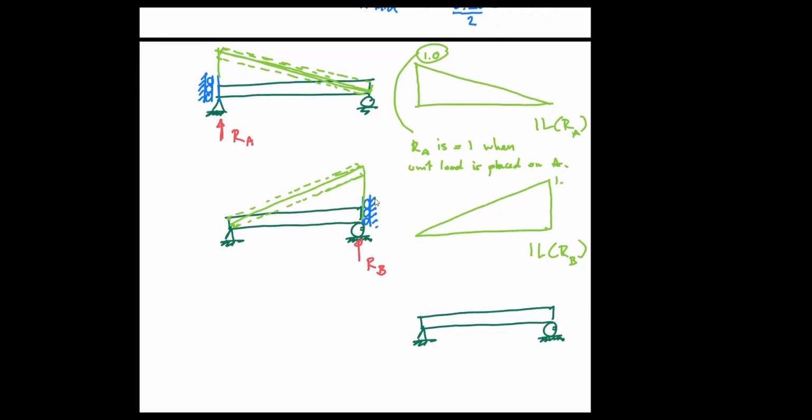So now I know that this is 1 because for the same reason, RB is equal to 1 when the unit load is placed on top of B. Okay, so far so good, right?